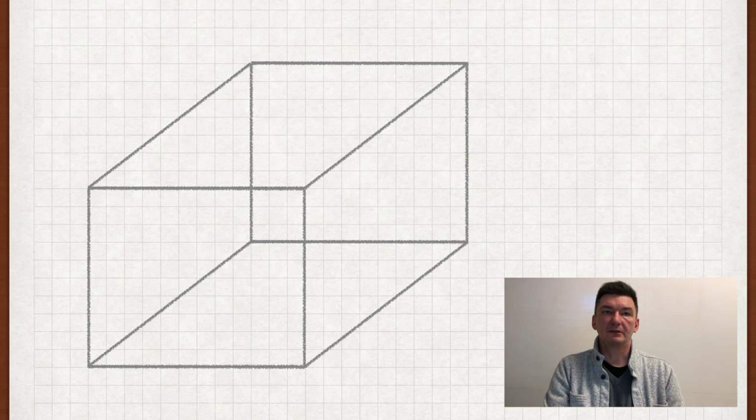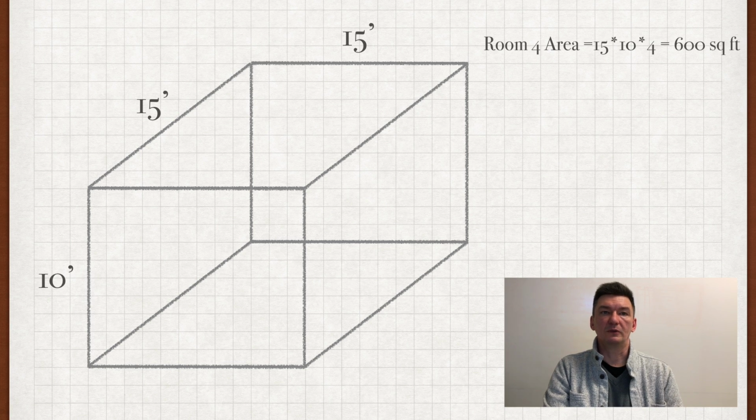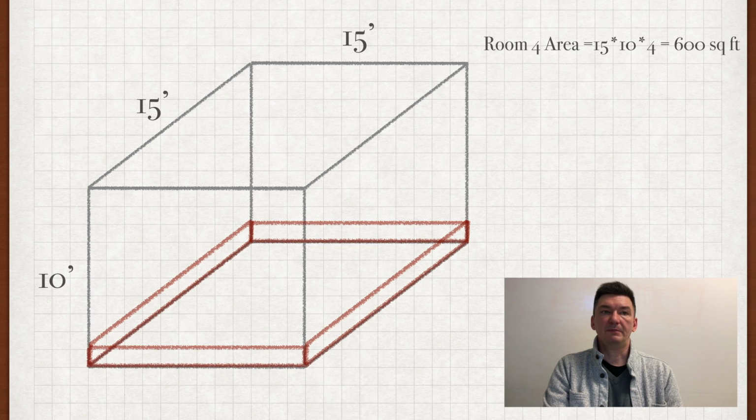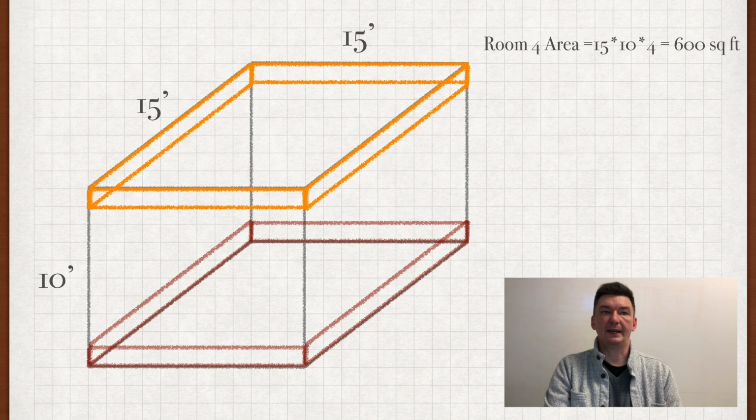Now, let's take a look at room number 4. The dimensions of the wall are the same as room number 1. The area of the walls is the same as room number 1. Room number 4 has the baseboards as room number 3. And now we add the crown molding.